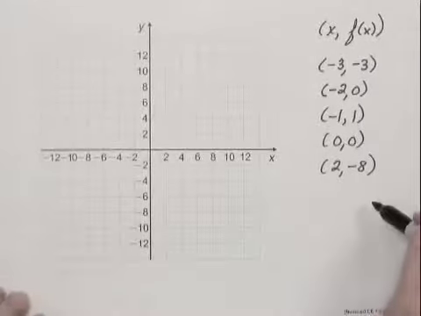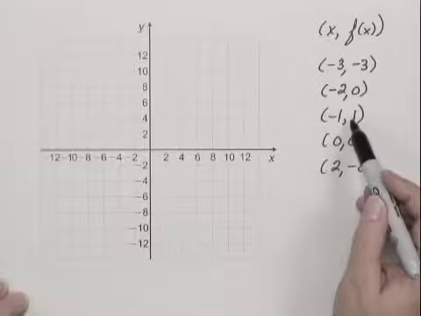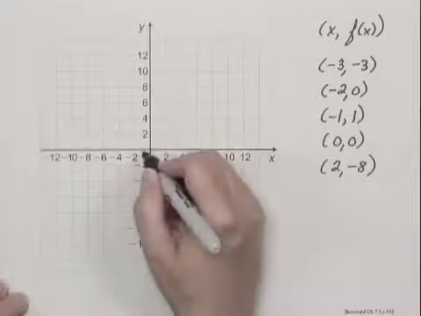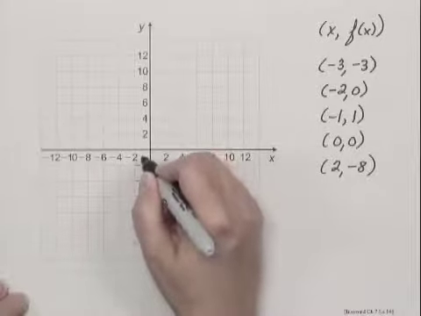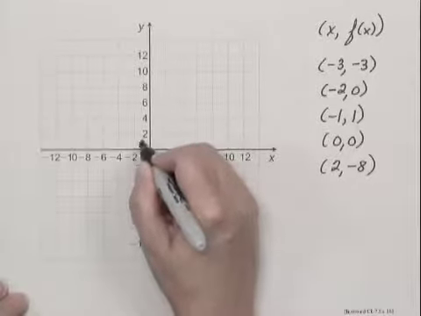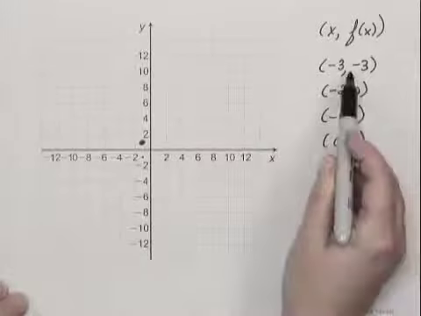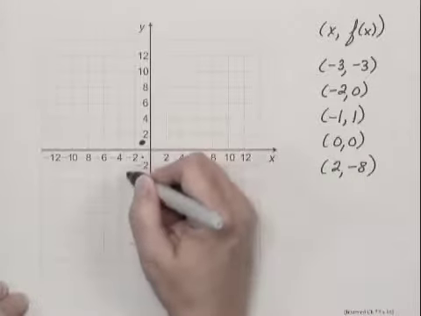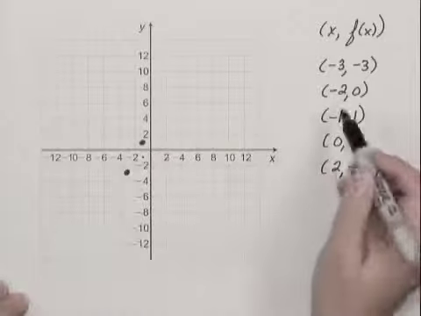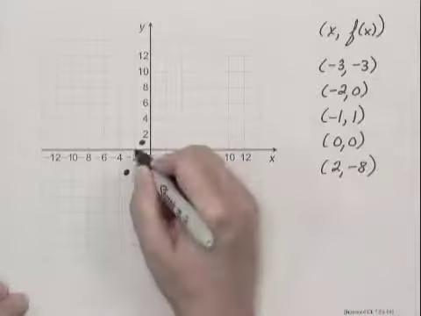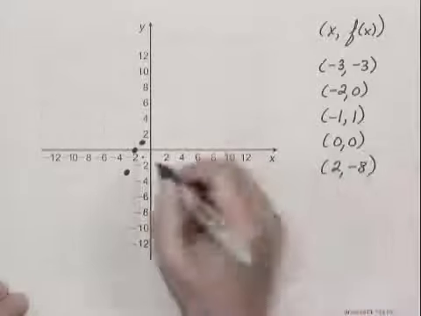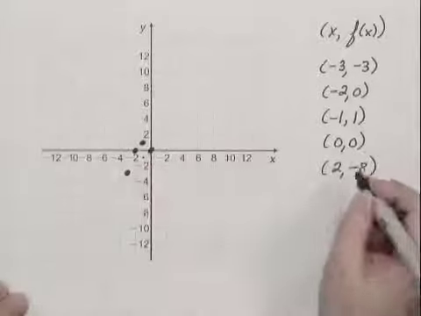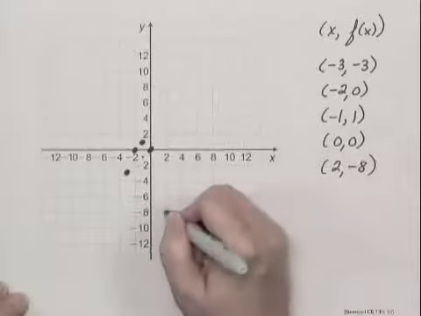These are the points that I found. I know the vertex is -1, 1, so that's going to be where the direction changes. So -1, 1 goes right here. Then I have -3, -3, -2, 0, 0, 0, 2, -8.